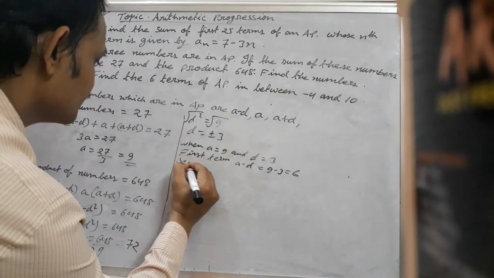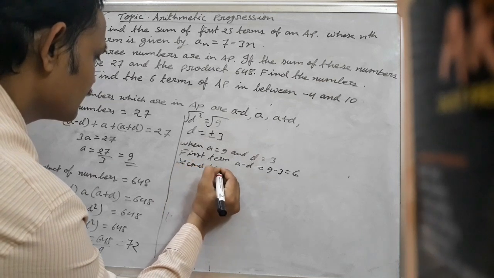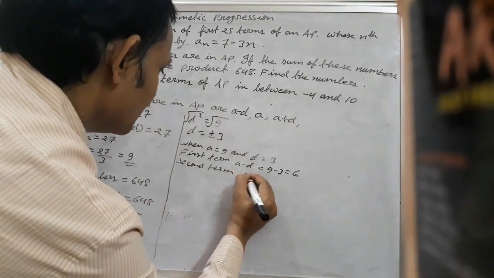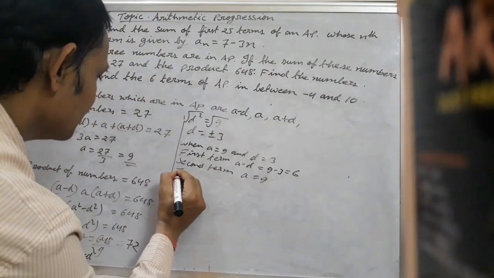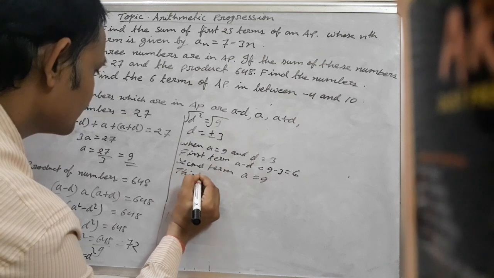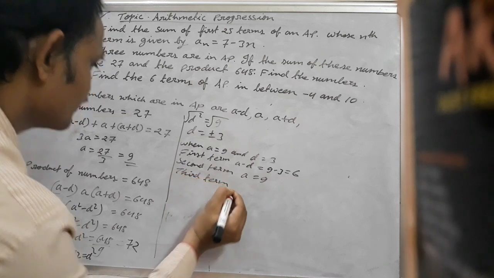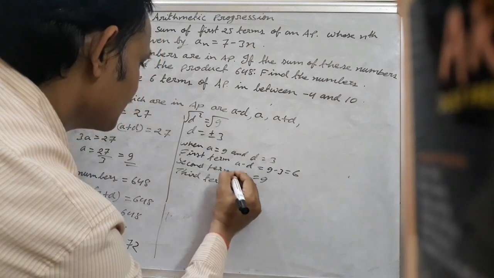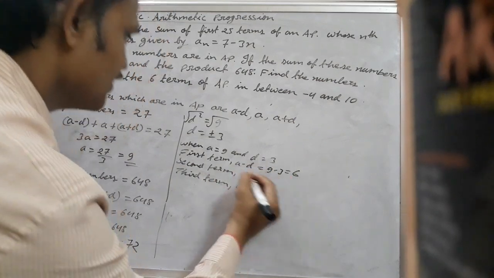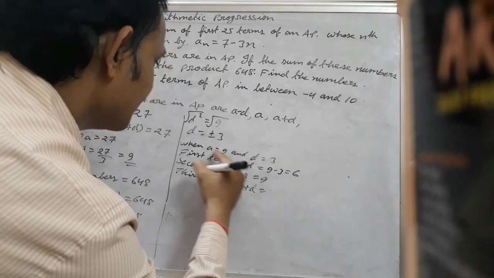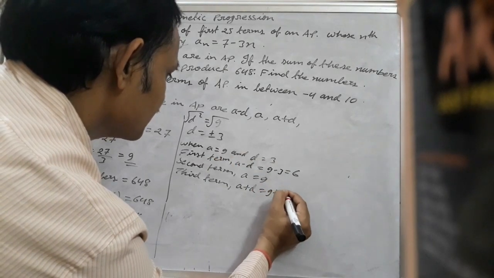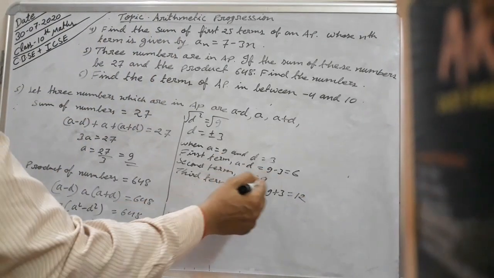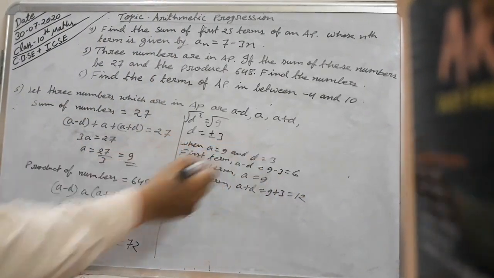Second term: what is the value of the second term? That is A. A is equal to 9. And the third term, that is A plus D, 9 plus 3, you will get 12. So these are the numbers 6, 9 and 12, when A is equal to 9 and D is equal to 3.